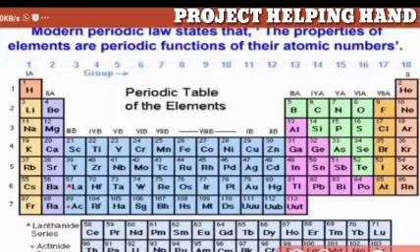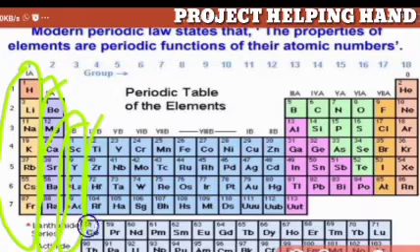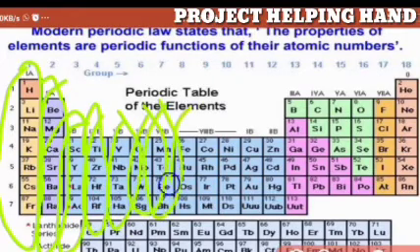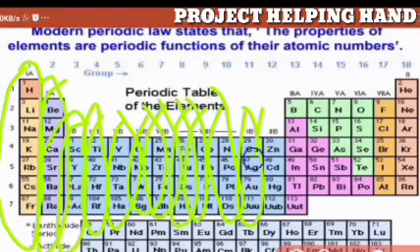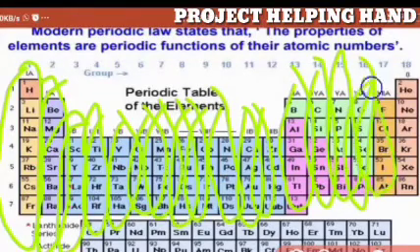I'm going to explain. Groups are the vertical columns which come down. All these are groups.